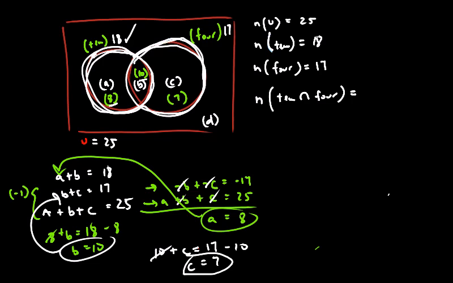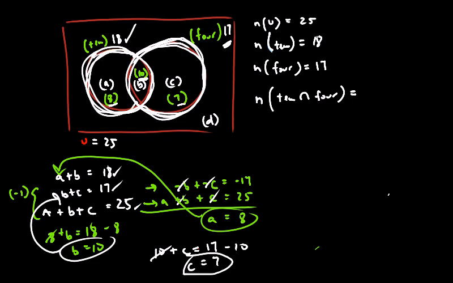The total of B plus C was supposed to equal 17. It does, because 10 plus 7 is in fact 17. At this point, everything should check out. 8 plus 10 is 18, plus 7 is 25, and that's exactly what we were supposed to have.